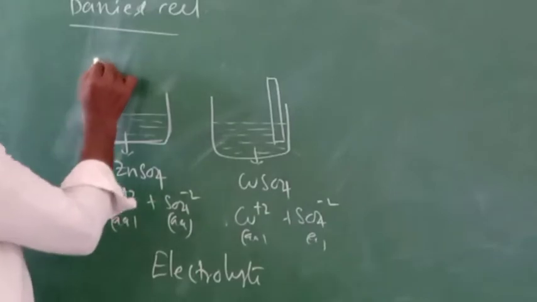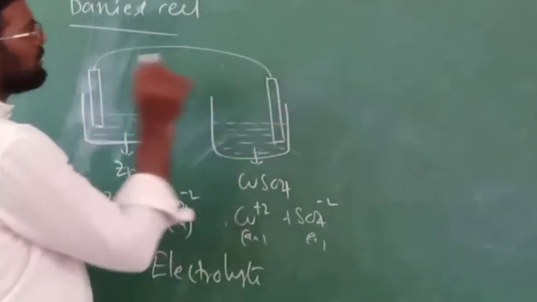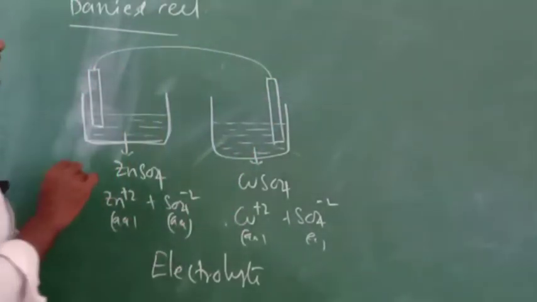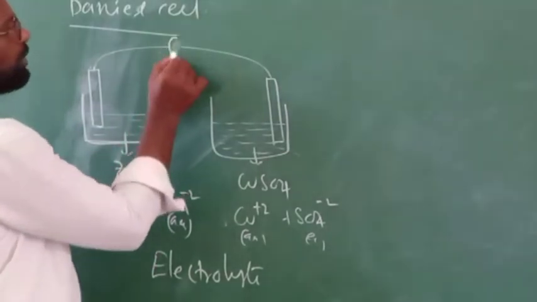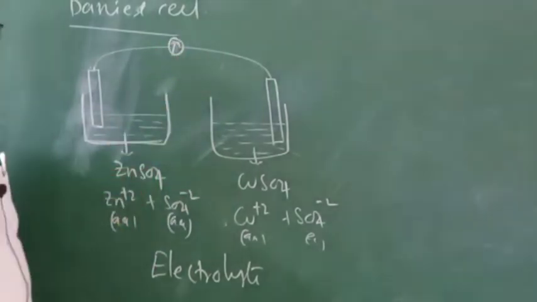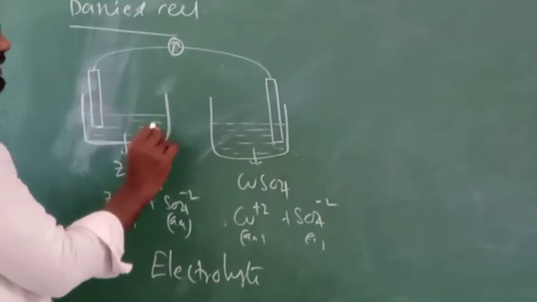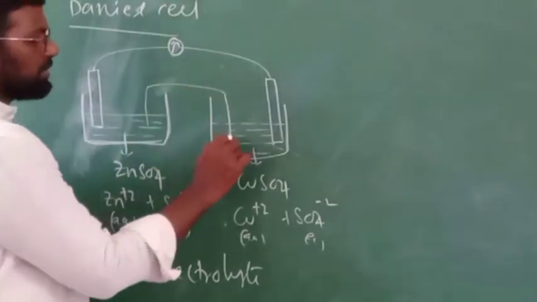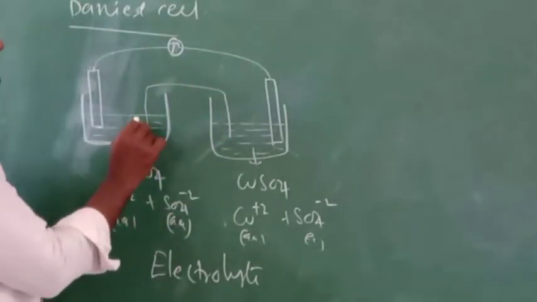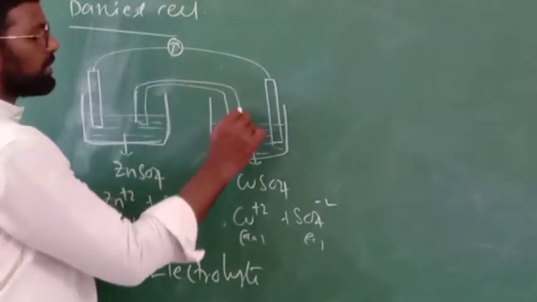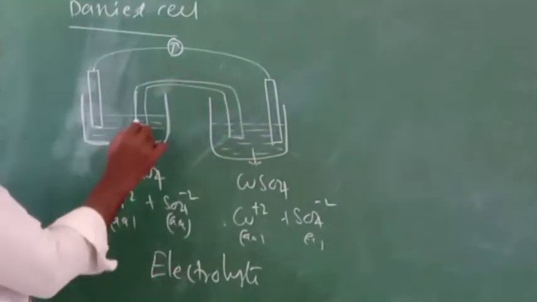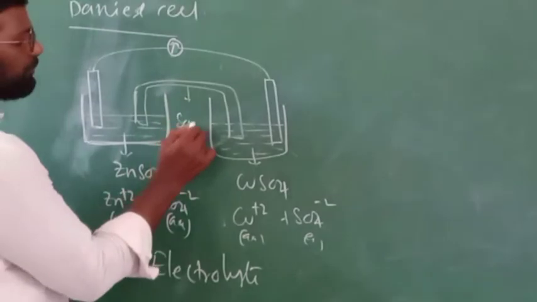This zinc rod and copper rod are both connected by an external metallic wire through a voltmeter. And both the electrolytic solutions are connected with a U-shaped glass tube. This is called a salt bridge.